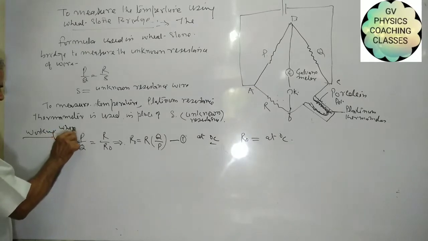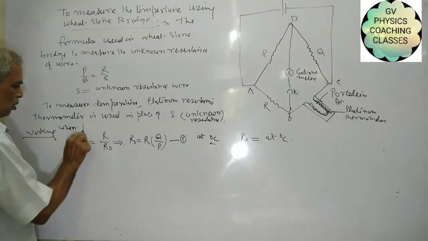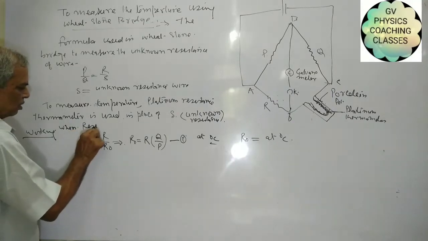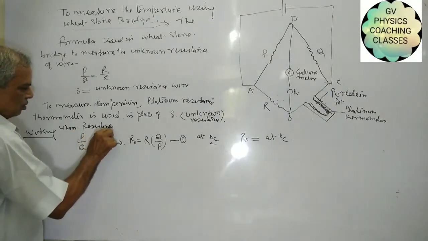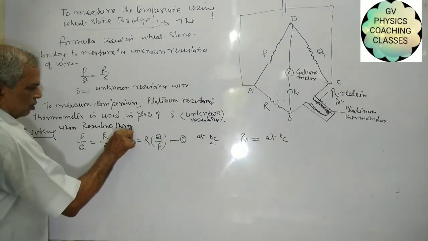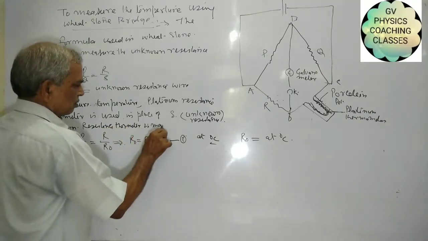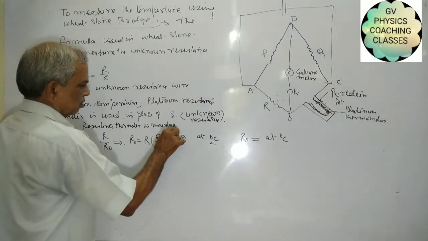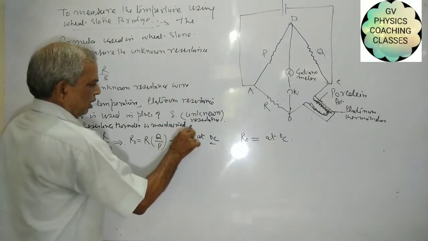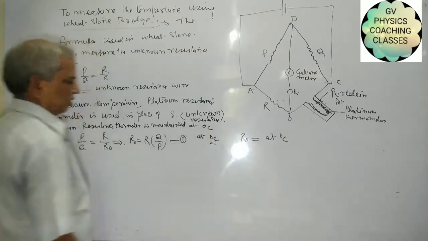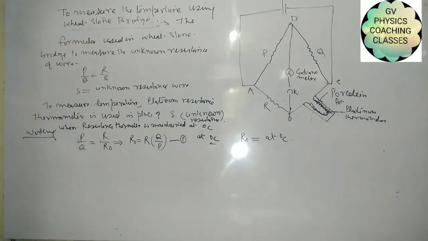When the resistance thermometer is maintained at 0 degree Celsius, this is step first.